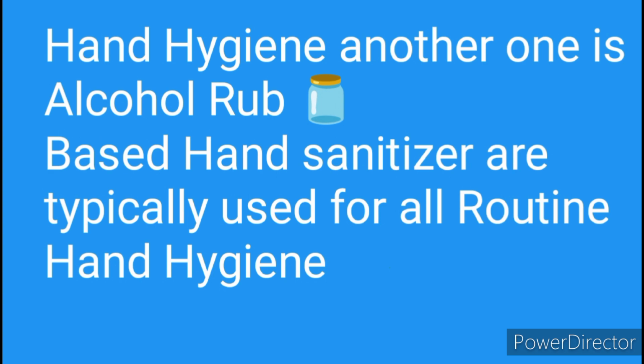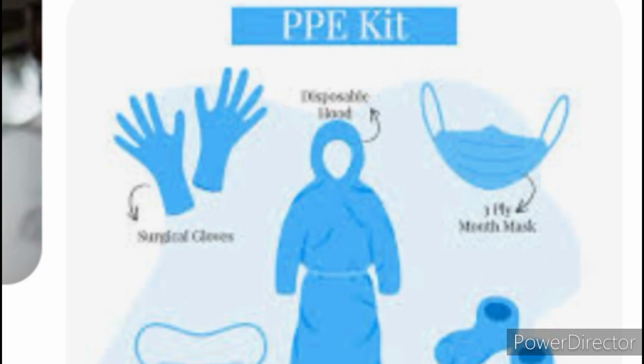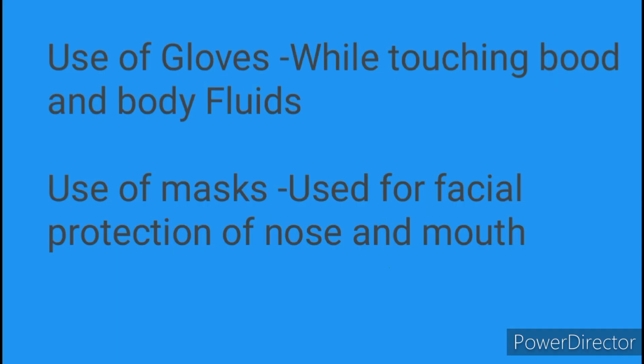Second one is PPE. PPE means personal protective equipment. It includes the use of gloves, mask, gowns, face shields and eye protection or goggles. Gloves are used when you are touching blood or body fluids. Masks are used for facial protection of the nose and mouth.